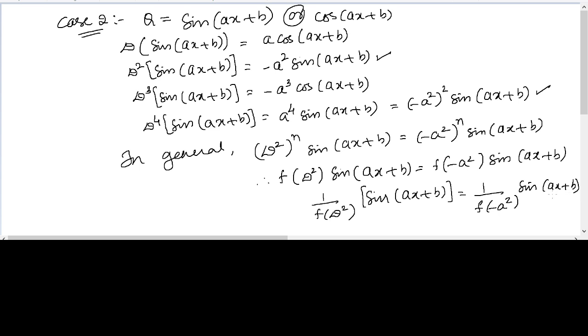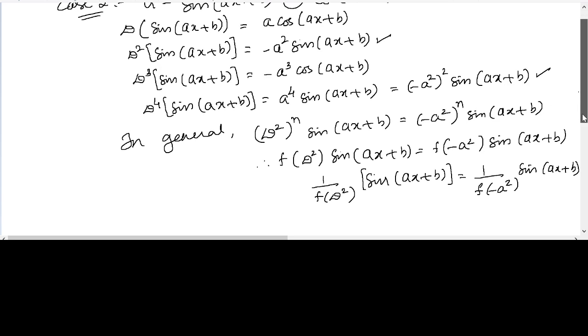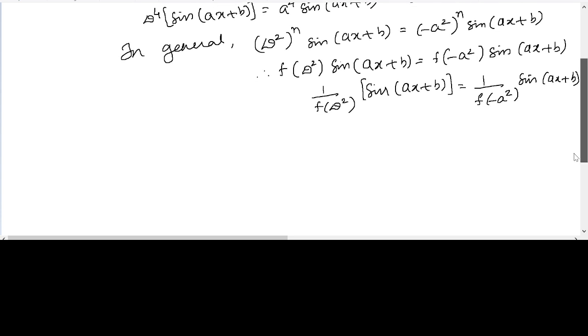This is what we are going to get, okay. So provided f of minus a square not equal to 0, we need to mention it. So provided f of minus a square not equal to 0.